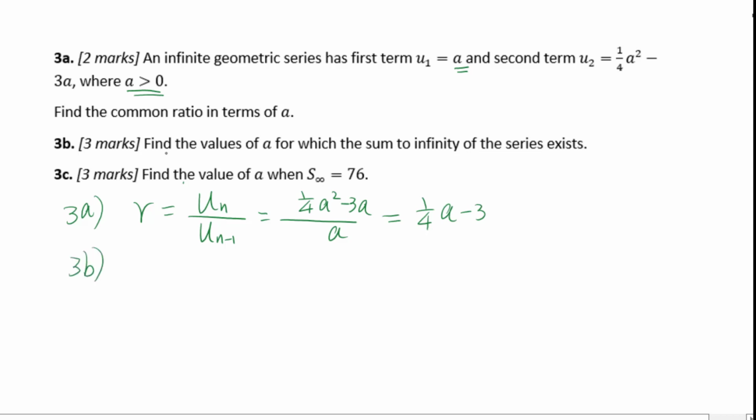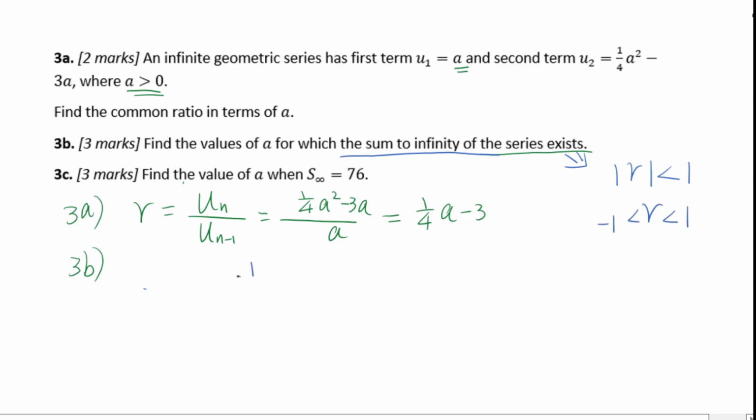For 3b, find the value of a for which the sum to infinity of the series exists. The sum to infinity exists when r is greater than negative 1 and less than 1.